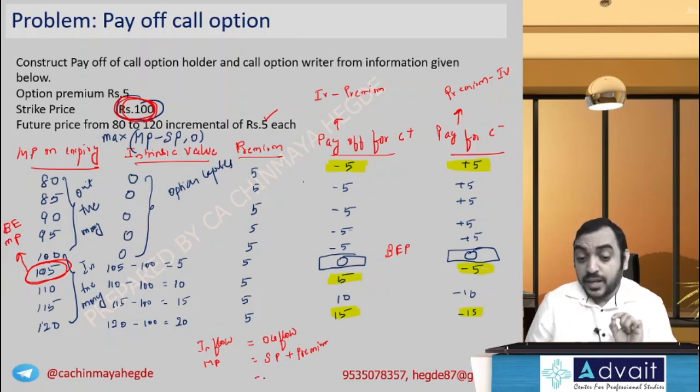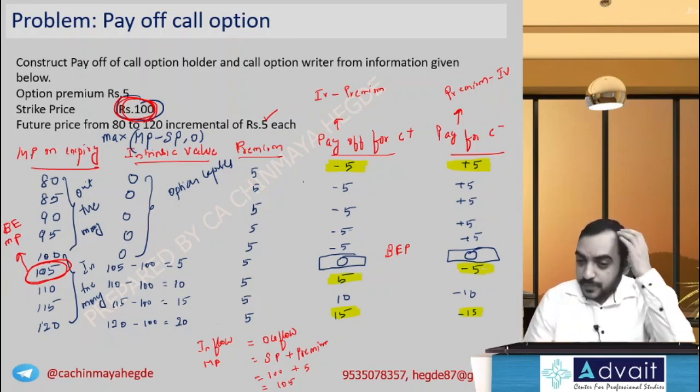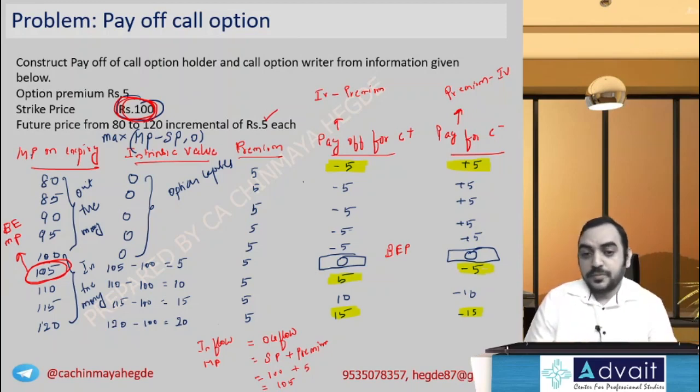In this example, strike price 100 plus premium of 5 rupees, you get 105 rupees. That is the break-even point.